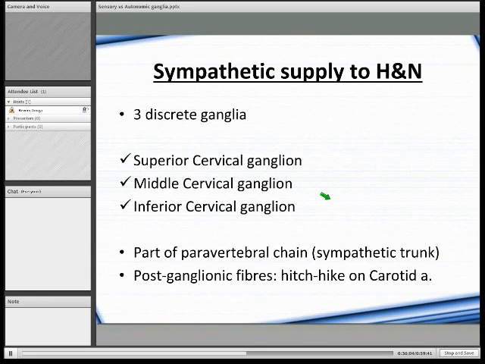The superior cervical ganglion is located anterior to the vertebral levels C1 to C4. The middle cervical ganglion is located anterior to the vertebral level C6, and the inferior cervical ganglion anterior to C7. And these are part of the paravertebral chain, which is also known as the sympathetic trunk. So after having synapsed at any one of these ganglia, the postganglionic neuron hitchhikes onto the carotid arteries and reaches its target from there.